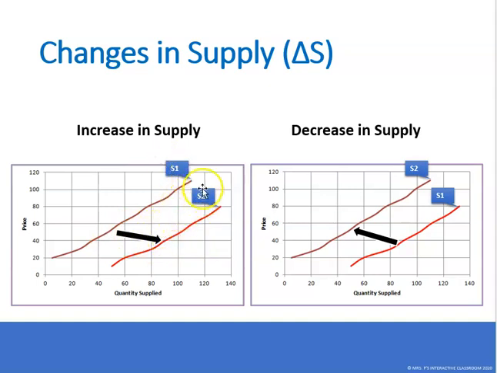Now, what you need to know is that your S1 is your past supply line, and your S2 is your current supply, so your old supply and your new supply. Notice that an increase means your curve shifts to the right. A decrease in supply means your curve shifts to the left.